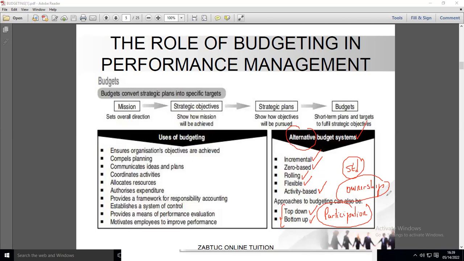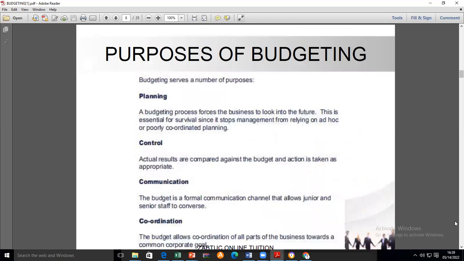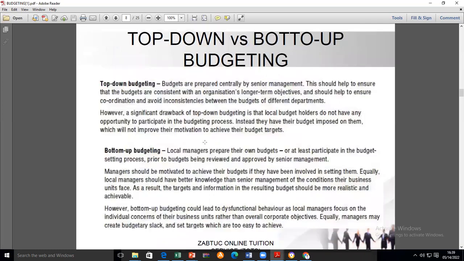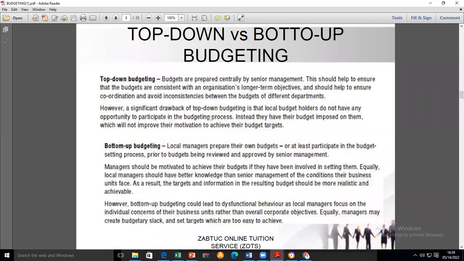And that brings us the concept of participation when budgets are being developed. So the purposes of budgeting are there. We have repeated them so that you can also read through.